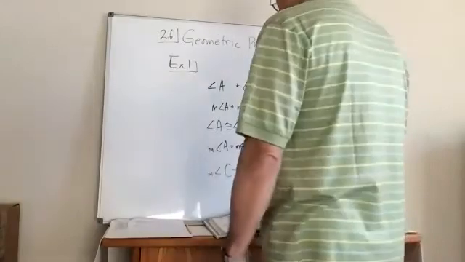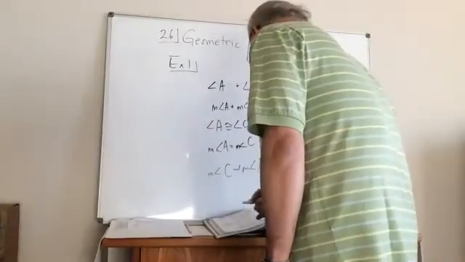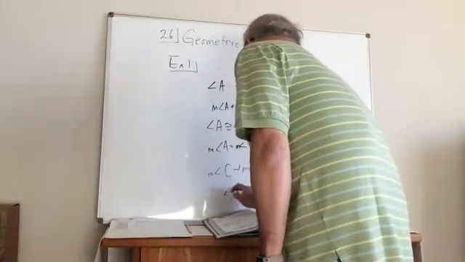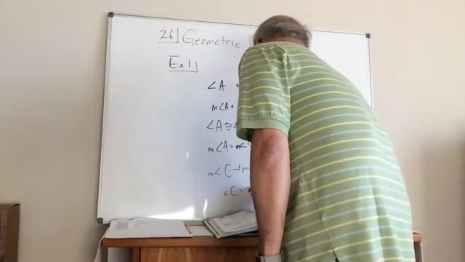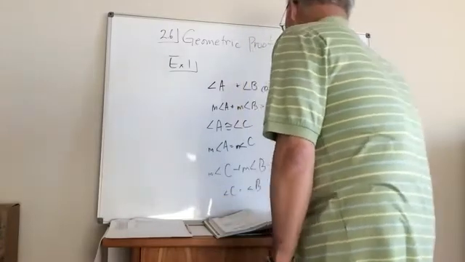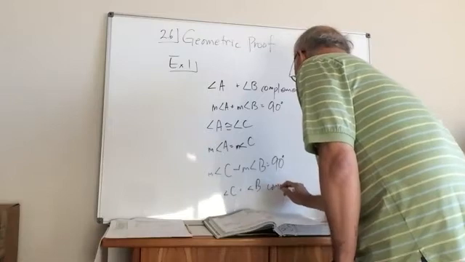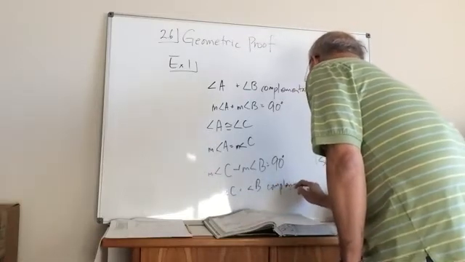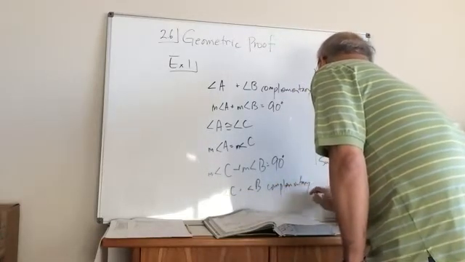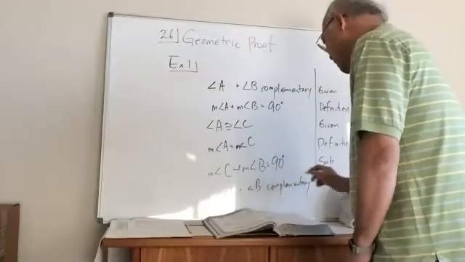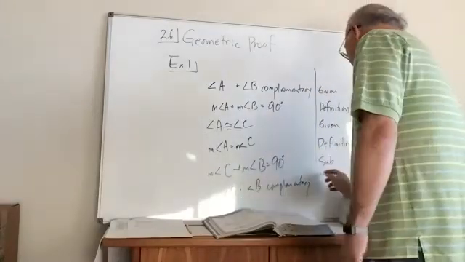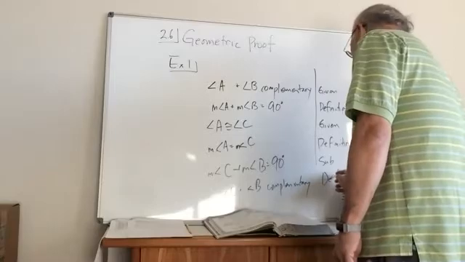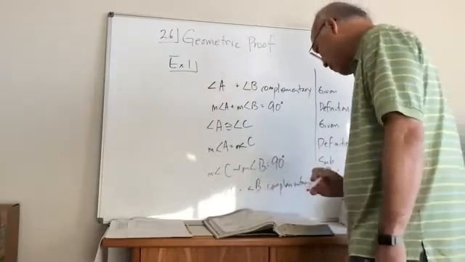So therefore, angle C and angle B are complementary, and this is again a definition. Definition of complementary says that this has to happen.